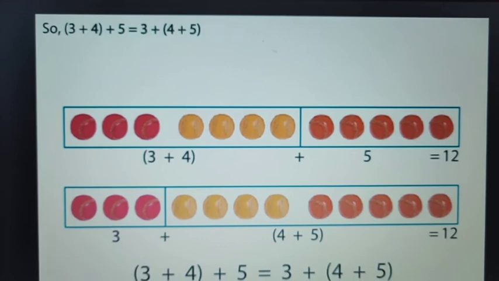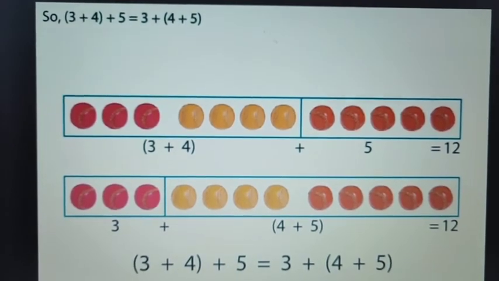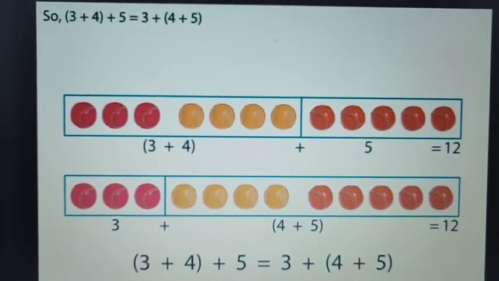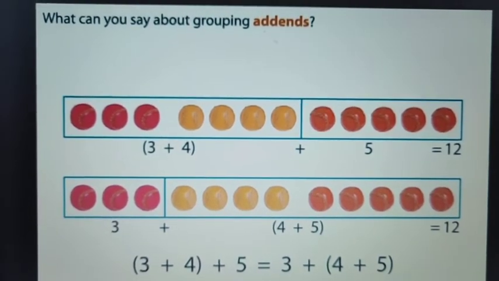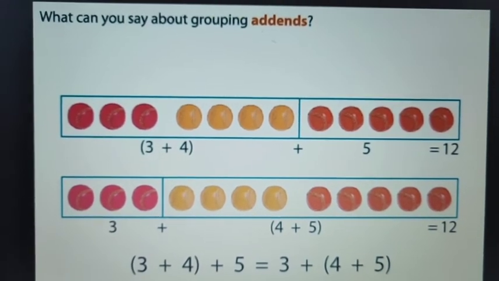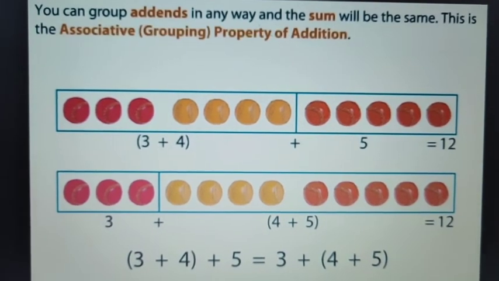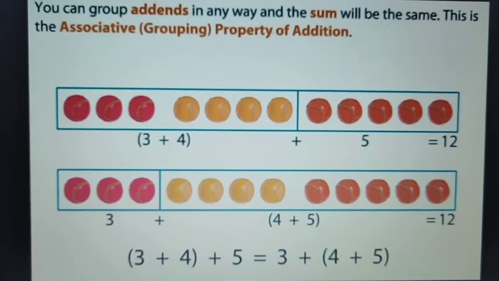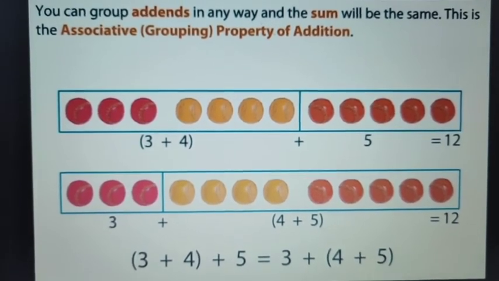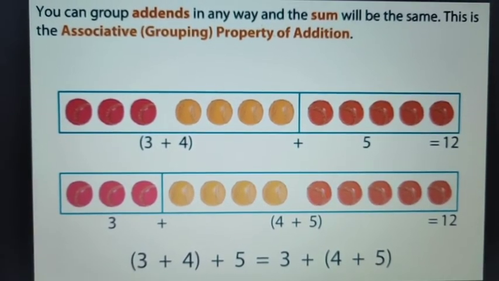So, (3 plus 4) plus 5 equals 3 plus (4 plus 5). What can you say about grouping addends? You can group addends in any way, and the sum will be the same. This is the associative grouping property of addition.